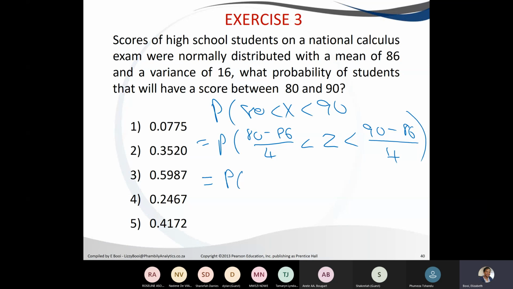80 minus 86. This is 86. 80 minus 86, we found that it was minus 1.50. And since we're doing the probabilities of Z, no, what am I doing?